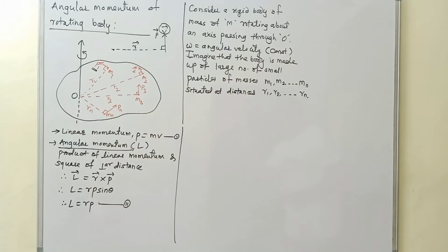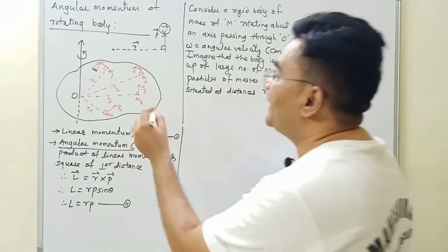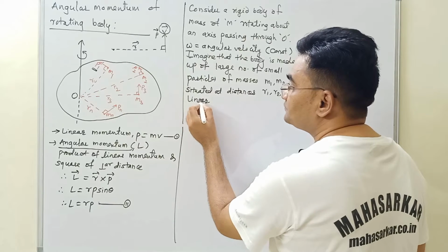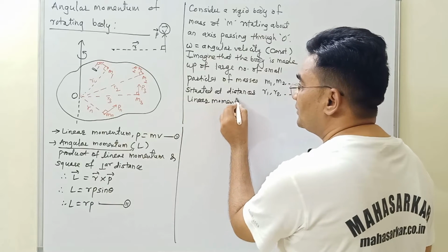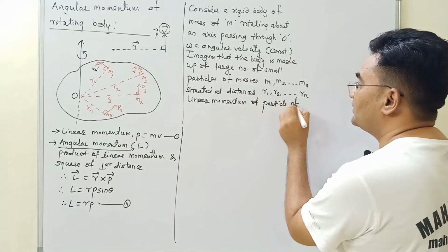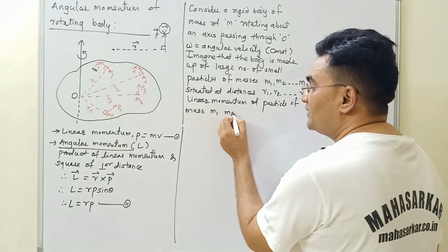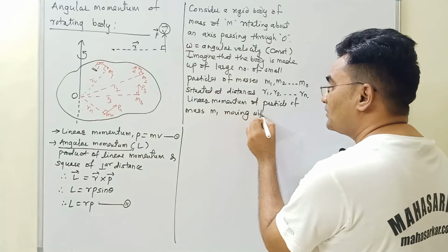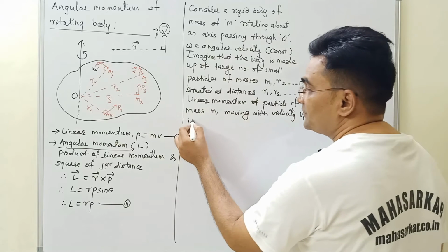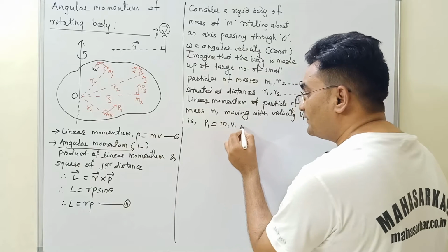Now the linear momentum of an individual particle, according to the formula, for a particle of mass m1 moving with velocity v1 is given by p1 equal to m1 into v1.